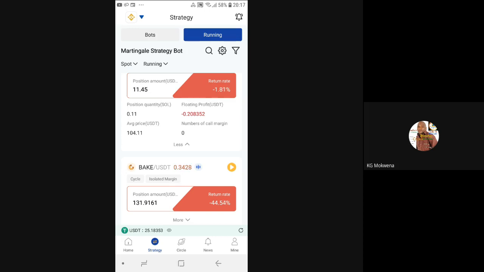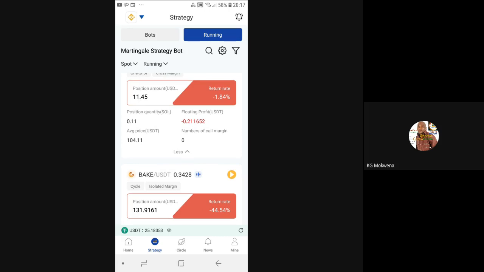Because we know that USDT is equivalent to $1. So then our price at which we entered the market, the asset, which is Solana, the crypto asset, was selling at a market price of $104.11.